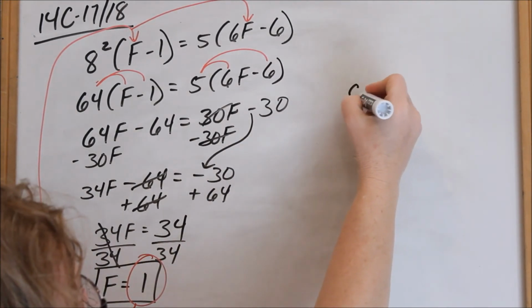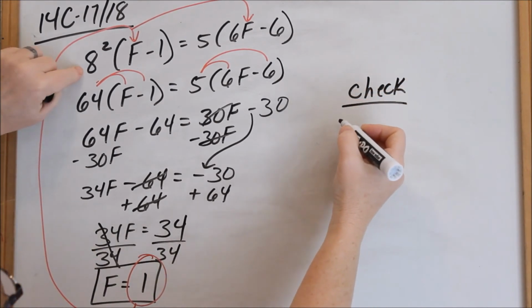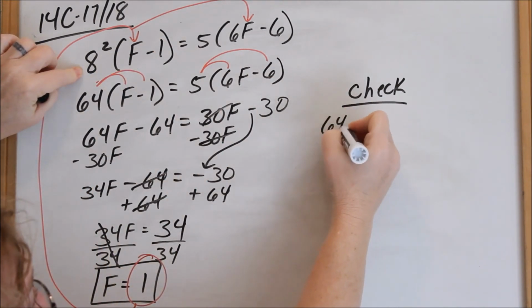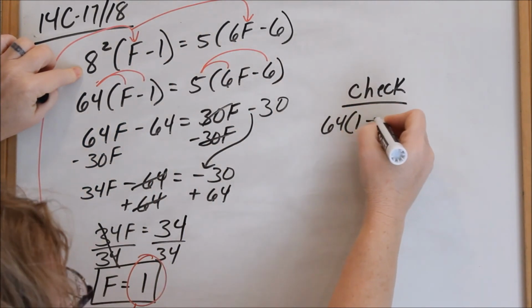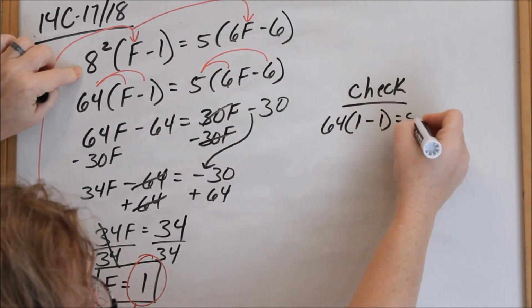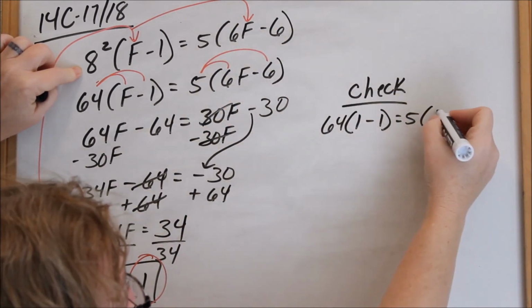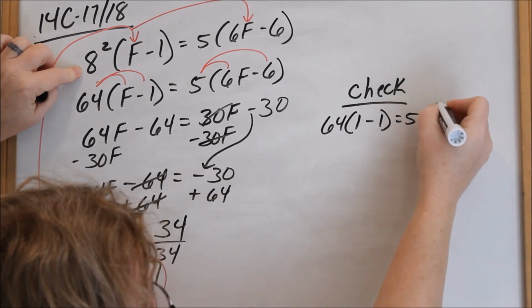Just rewrite this over here. So to check my original equation, 8 squared, I'm going to go ahead and do that. 8 times 8, 64. Putting in a 1 here for F. That would be 1 minus 1 equals 5 times 6 times F means 6 times 1 minus 6.